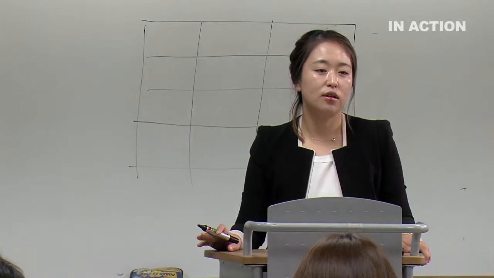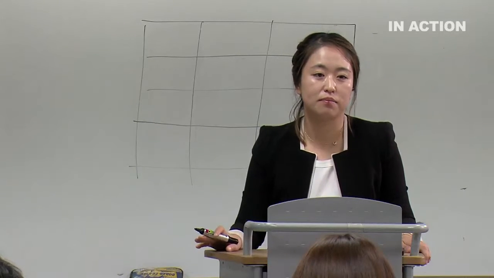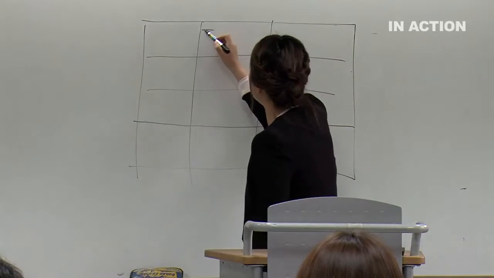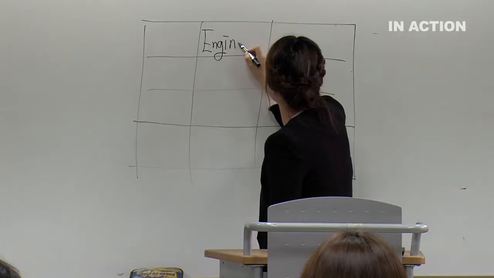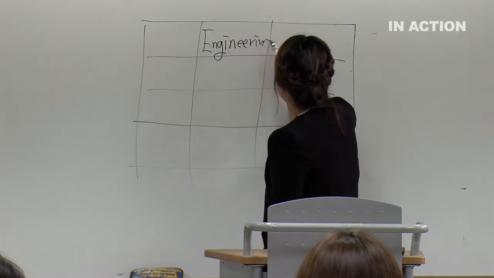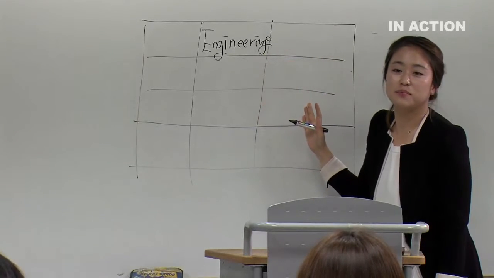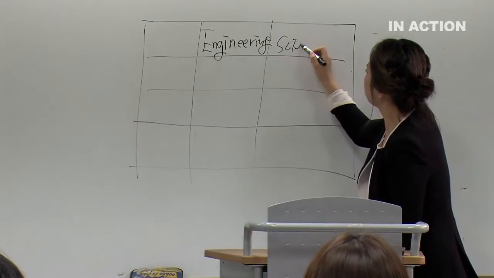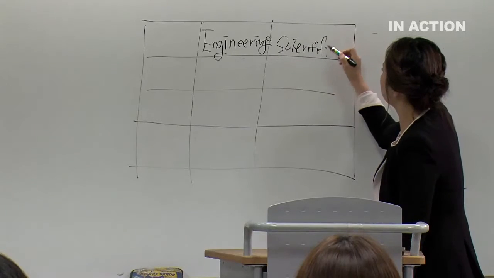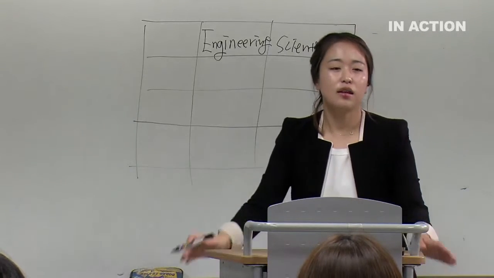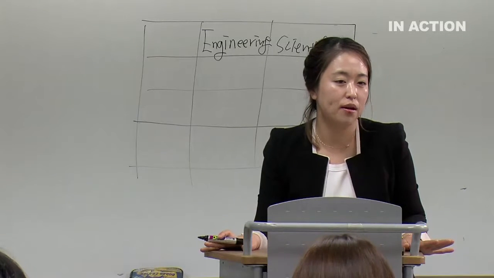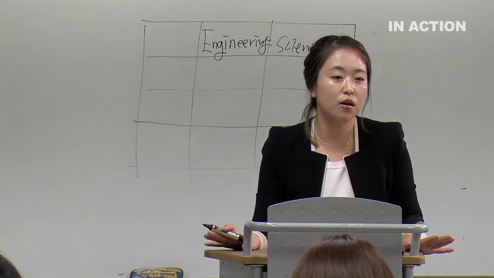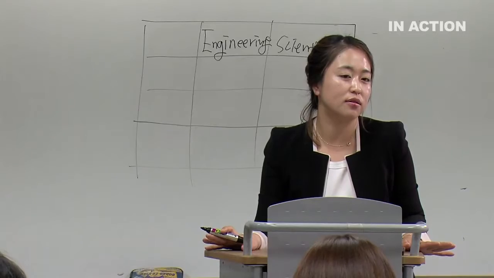Next, I will write what I am comparing on the top: Engineering and Scientific. Then, down the side, I would like different areas to compare. Now, let's think of areas together.